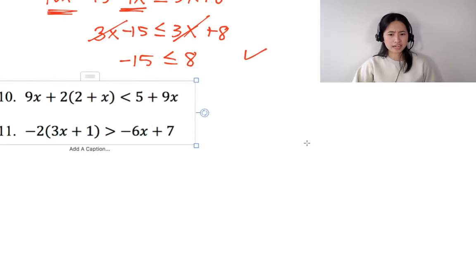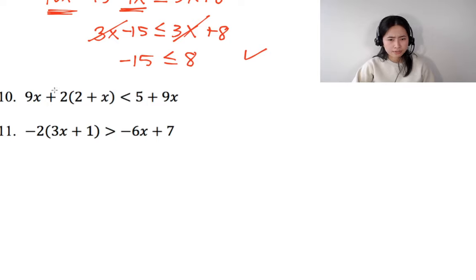Okay, so for number 10, that means you have 9. Okay, this is sometimes true. I forgot to write that, because you can't have that equal to negative 15. That's the reason.